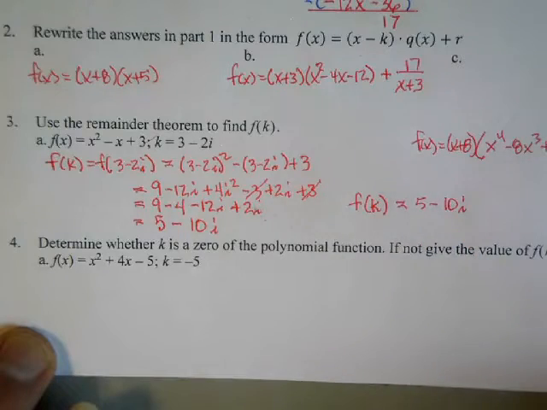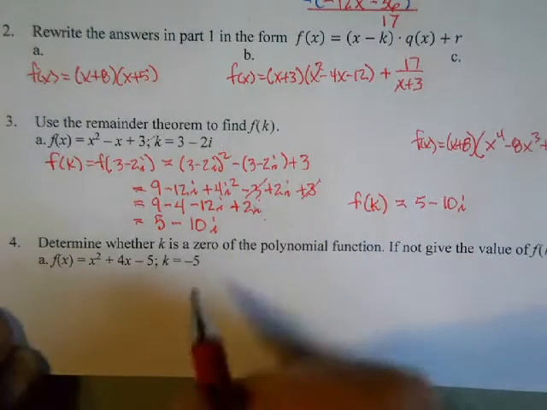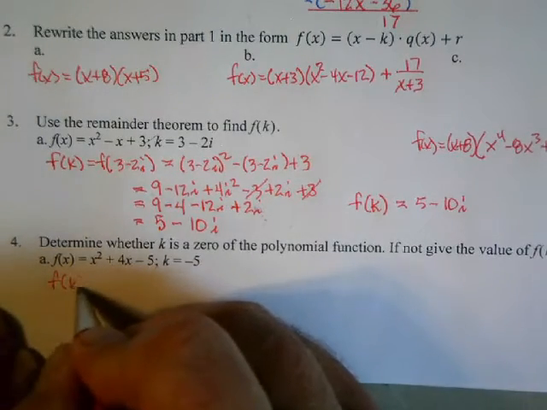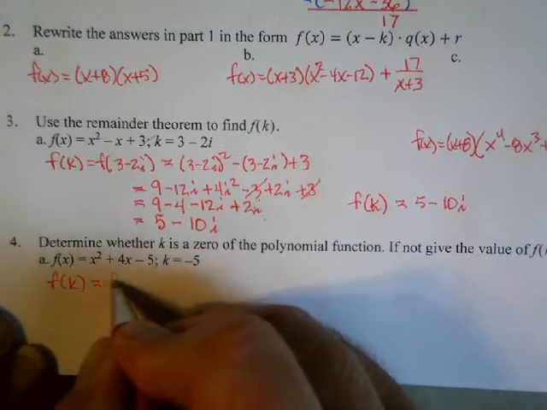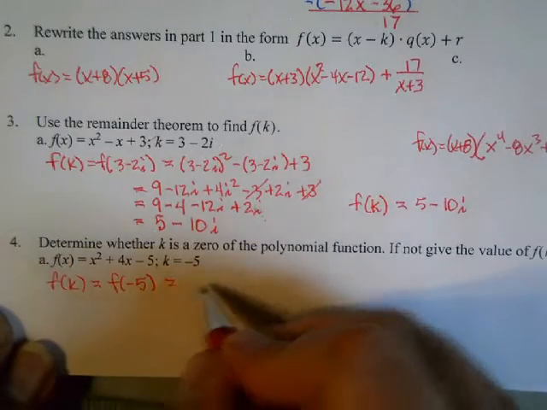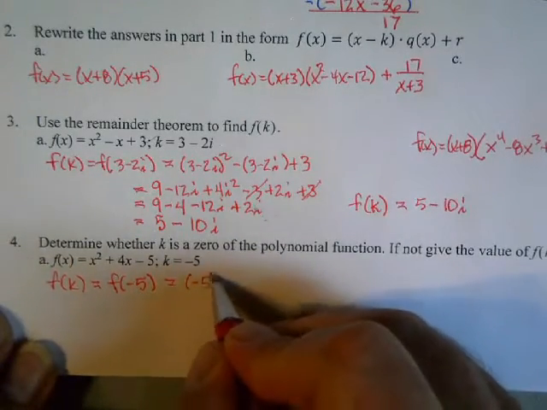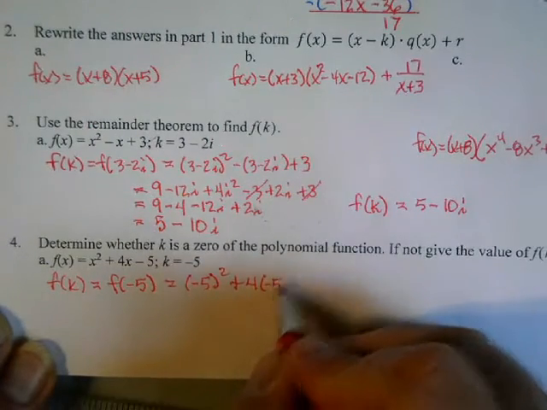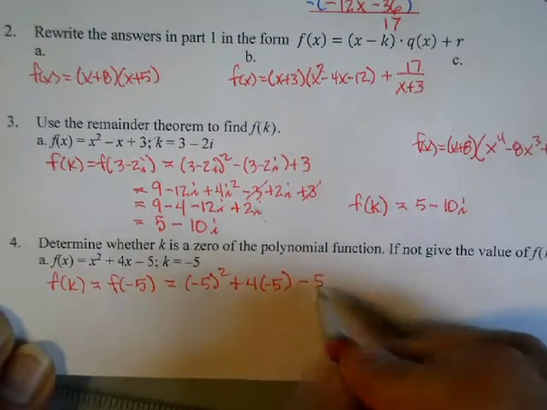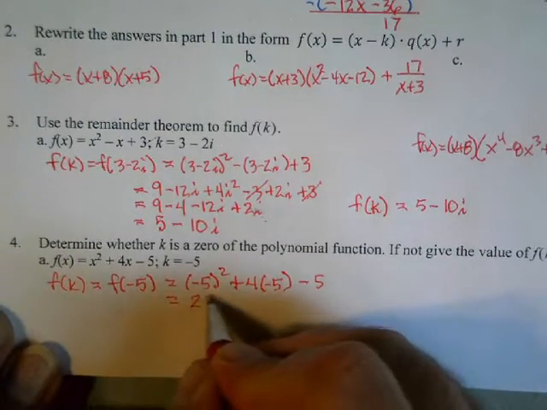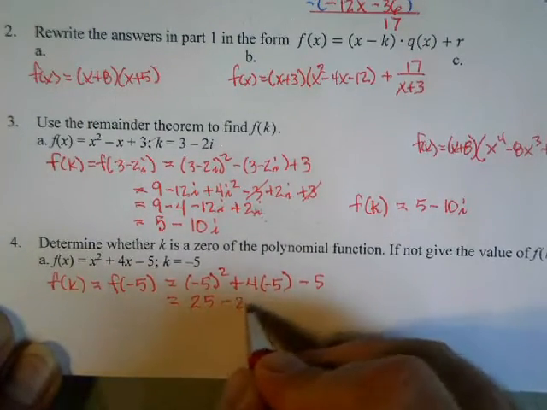So in this case, here's the number I want to plug in. So f of k is going to equal f of negative 5, which is going to be negative 5 squared plus 4 times negative 5, subtract 5. So this is 25, subtract 20, subtract 5, which is 0.